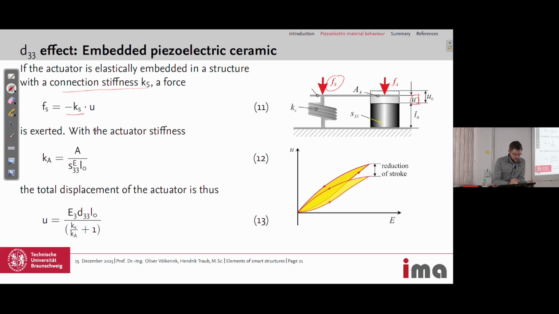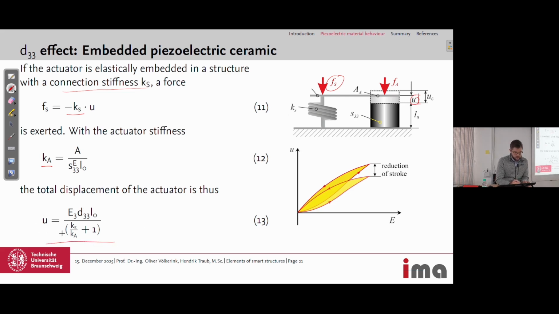And we can also come again up with our actuator stiffness Ka we already have defined, which is the cross-section of the actuator divided by the compliance times the initial length, L0.